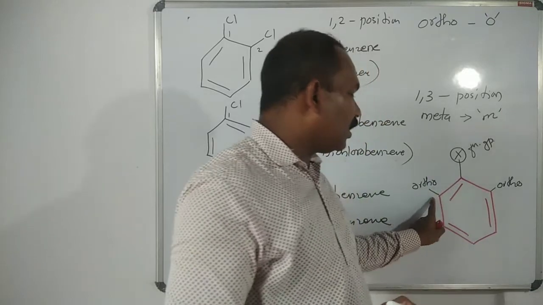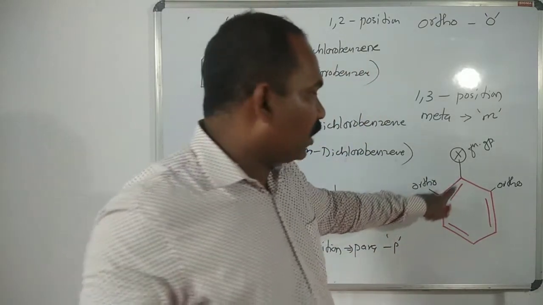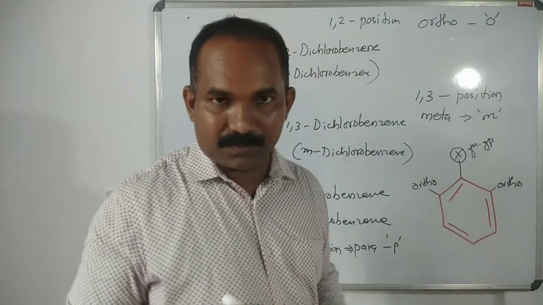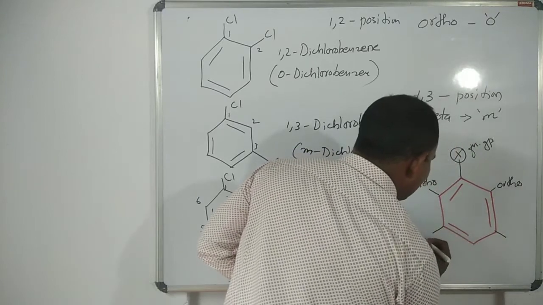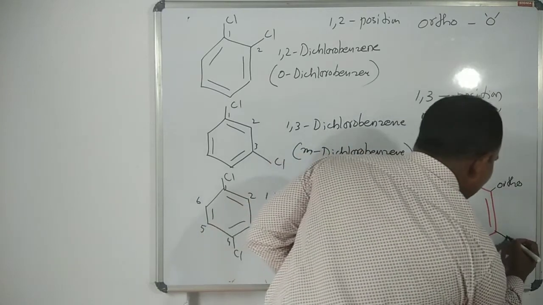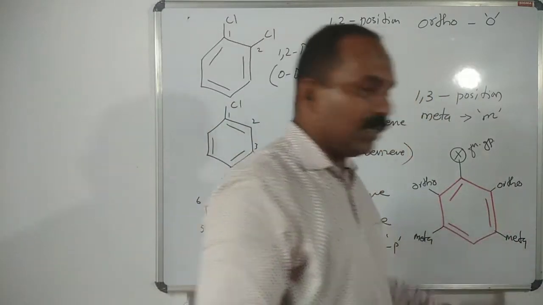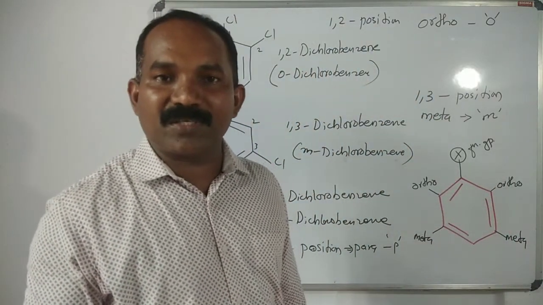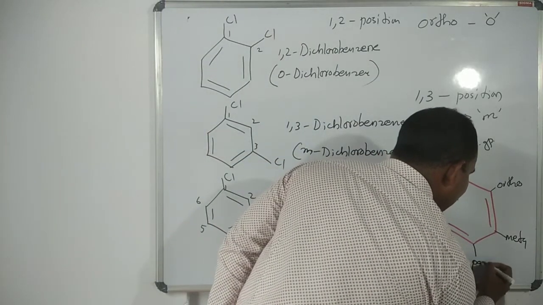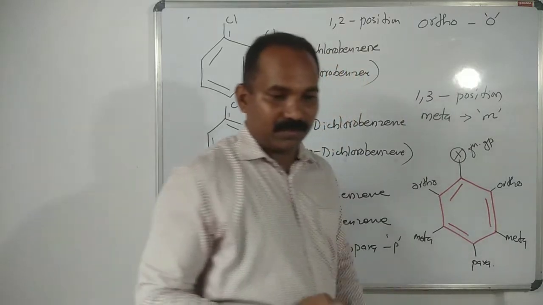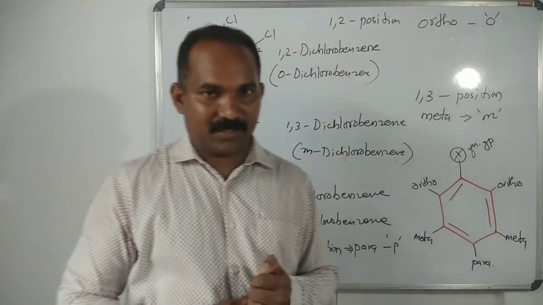If an atom is present in this position, it is also ortho. And these two positions are meta positions. 1, 3 is the meta position. And the opposite position is the para position.